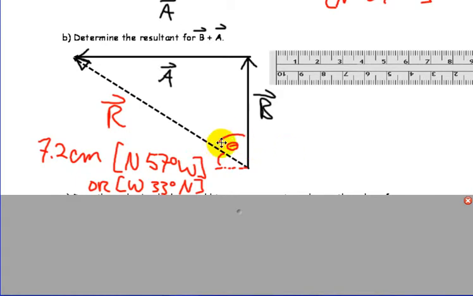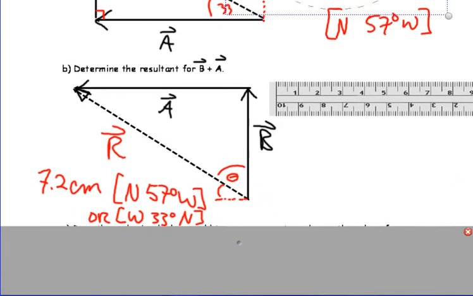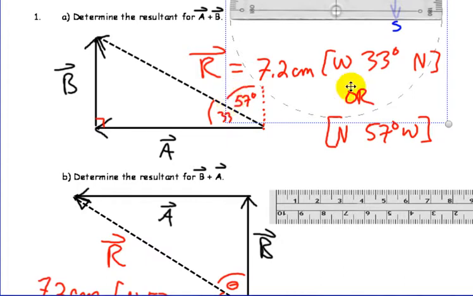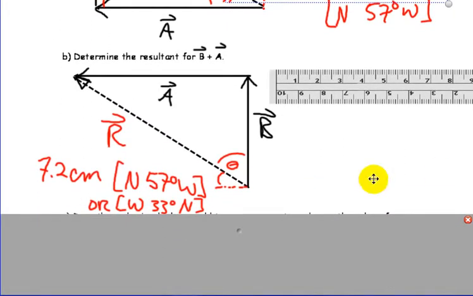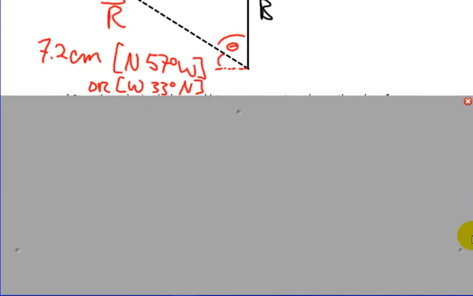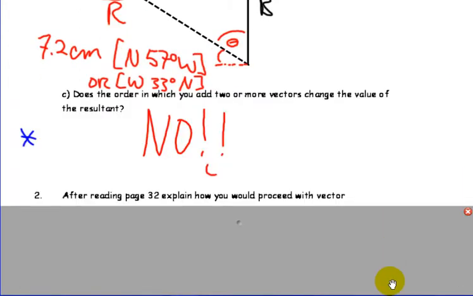And if we're measuring this angle, it's north 57 west, just like up here if I had chosen to measure that, or west 33 north. So you can see, with vector addition, order doesn't matter. You can add 1 plus 2 or 2 plus 1, you get the same result, just like you would arithmetically.